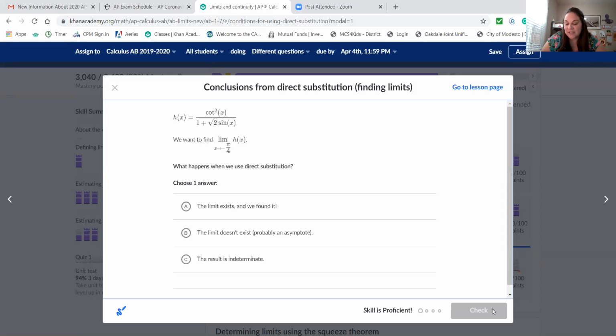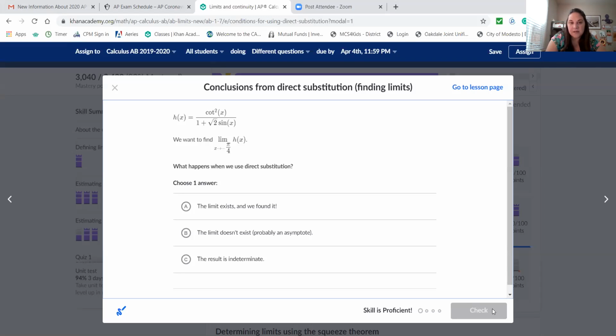Hopefully you're doing this with me, and this is a great place for us and you to practice subbing in all of your trig at these common values, right? So we're subbing it in cotangent squared of negative pi fourths.